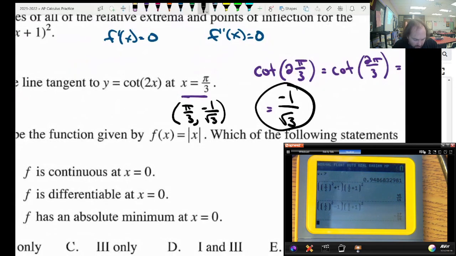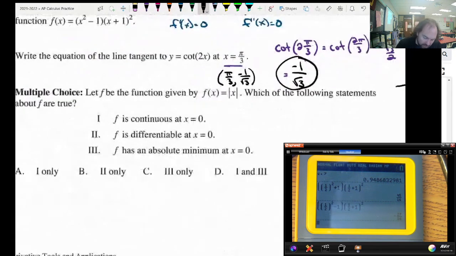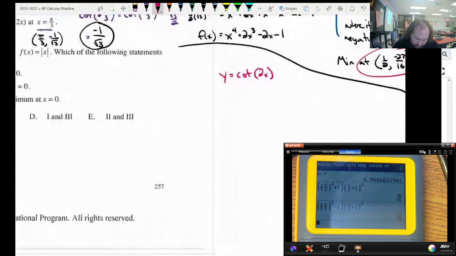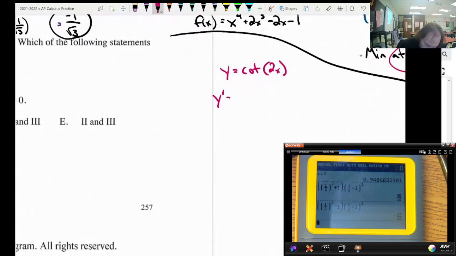What we need now is the slope of this line. We can do that by finding the derivative, which we're going to need some room for. So I'm going to move down here into this space. Here's our original function, cotangent of 2x. And for the derivative, we're going to need to take the y prime of this. The derivative of cotangent is negative cosecant squared of the inside.